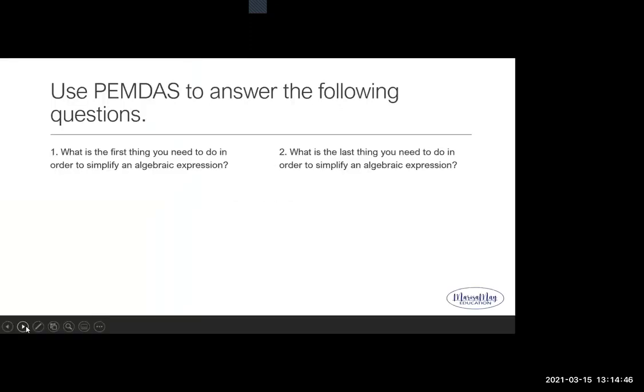All right, so let's look at these two questions. Using PEMDAS, what is the first thing you need to do in order to simplify an algebraic expression? Think about PEMDAS. What's the first thing you need to do?